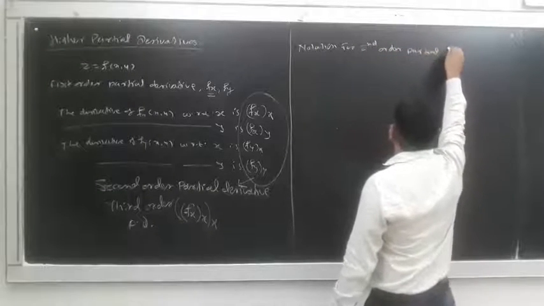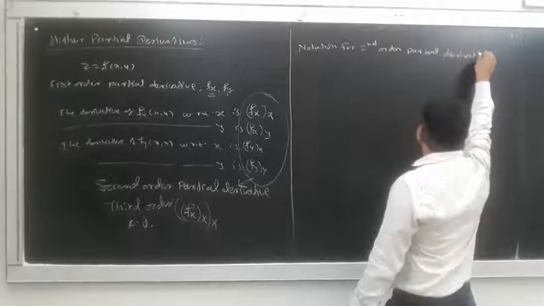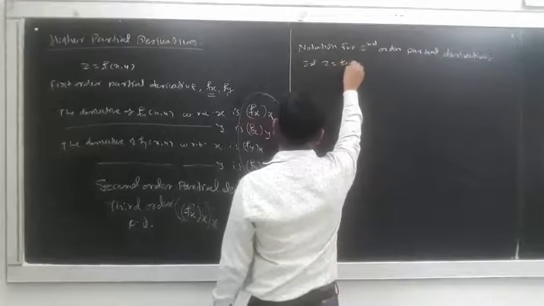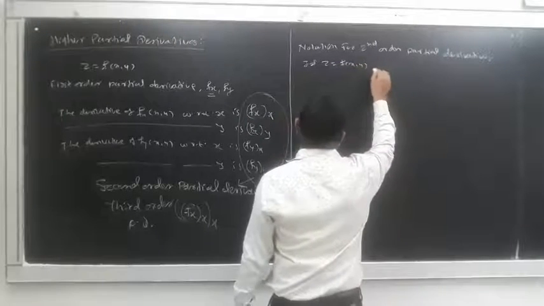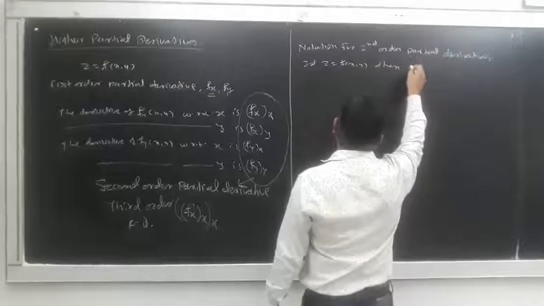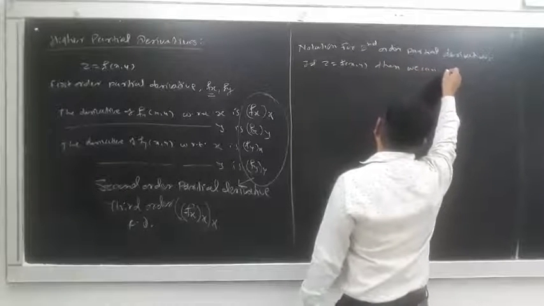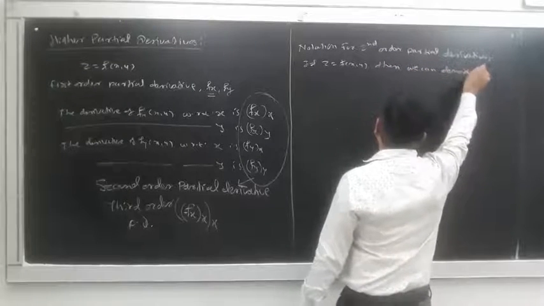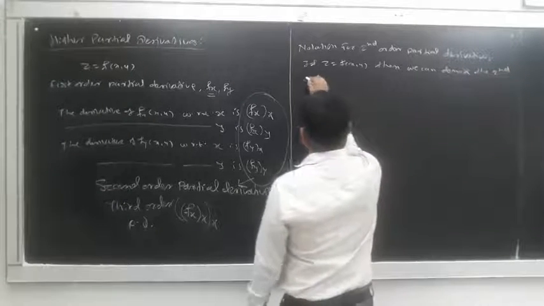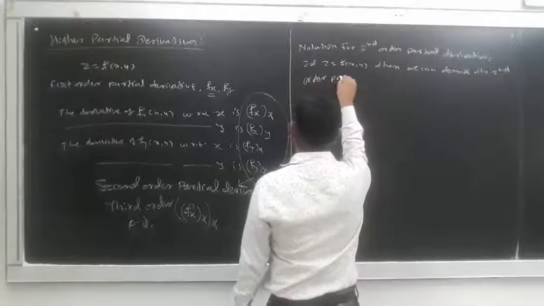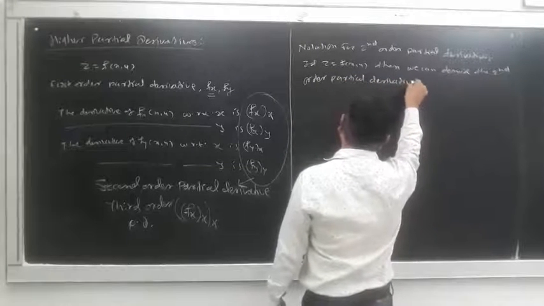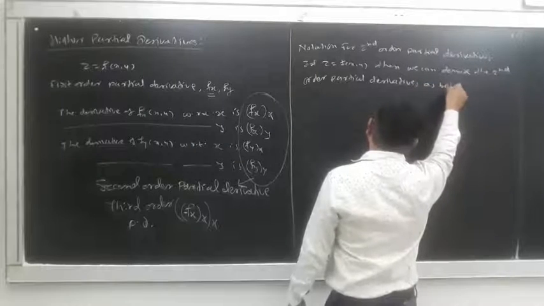If z is equal to f of x, y, then we can denote the second order partial derivatives as below.